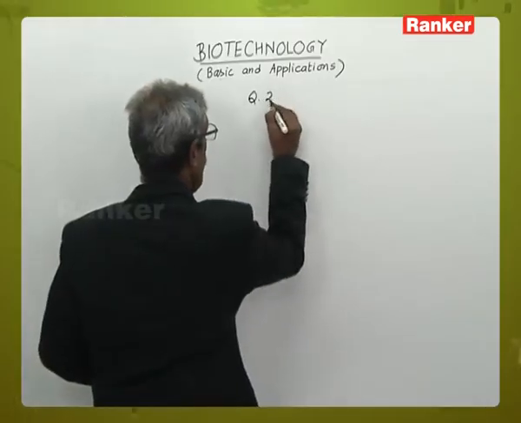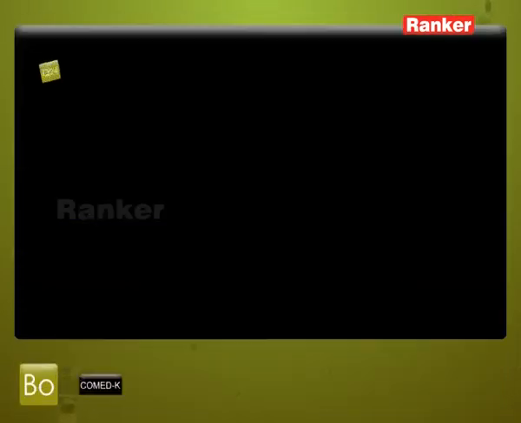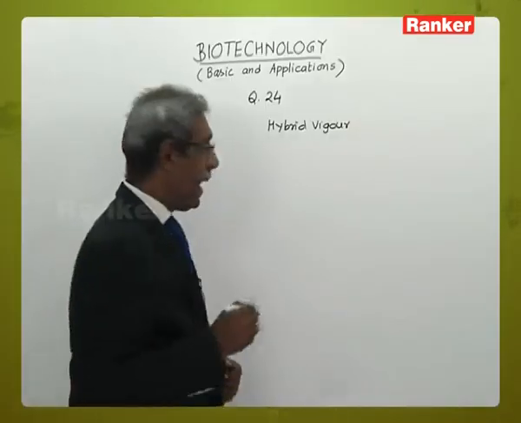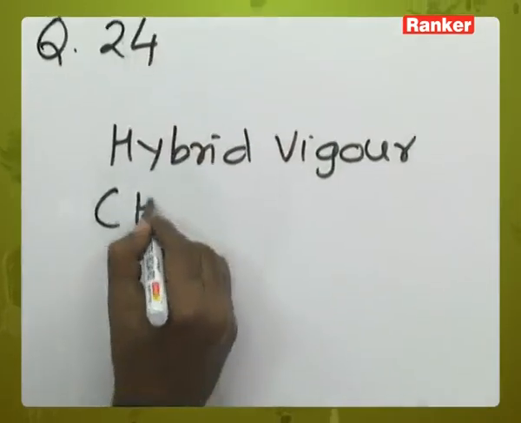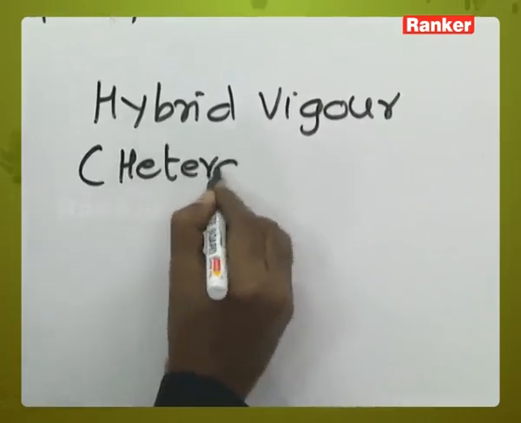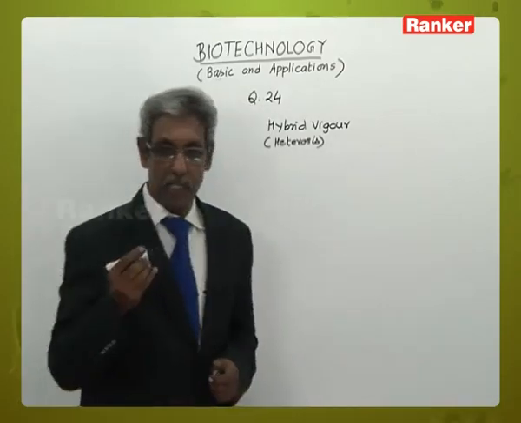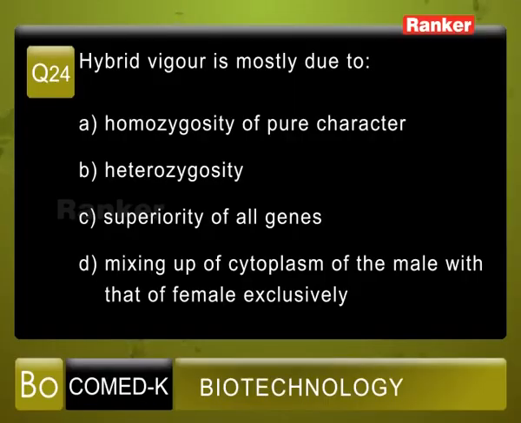Question number 24 asks, what is hybrid vigor? Hybrid vigor or heterosis is mostly due to, the choices are A, homozygosity of pure character, B, heterozygosity, C, superiority of all genes, D, mixing up of the cytoplasm of the male with that of the female exclusively.